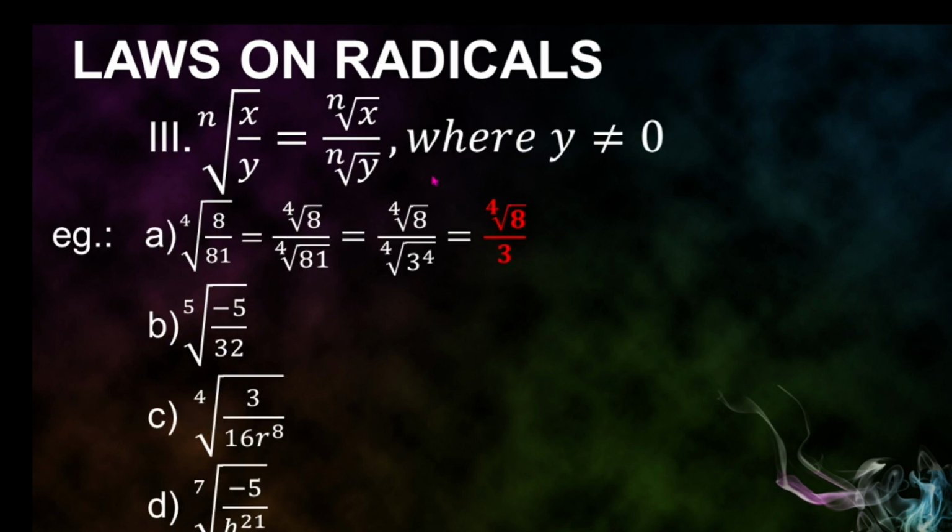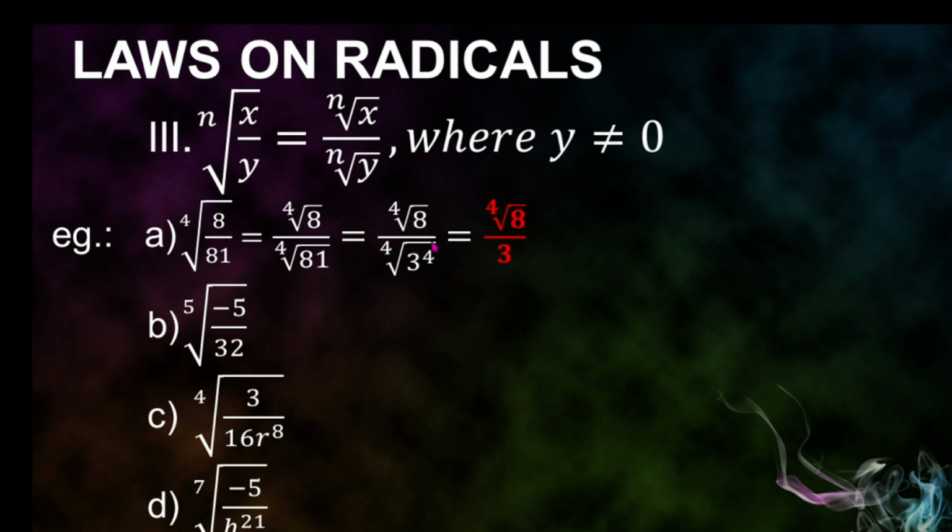Third law on radicals is the nth root of x over y. This will be equal to the nth root of x over the nth root of y, where y is not equal to 0. So for example, we have the fourth root of 8 over 81. We separate the numerator and denominator as the fourth root of 8 over the fourth root of 81.